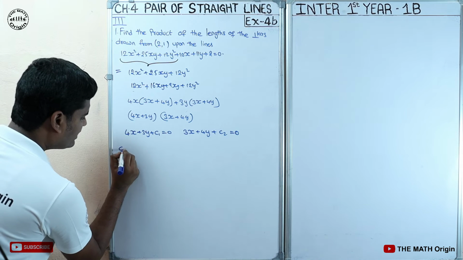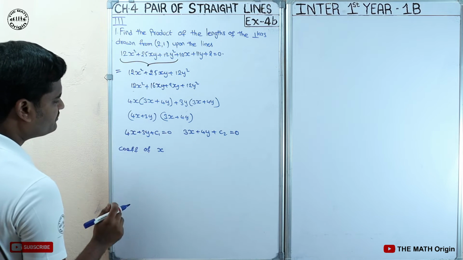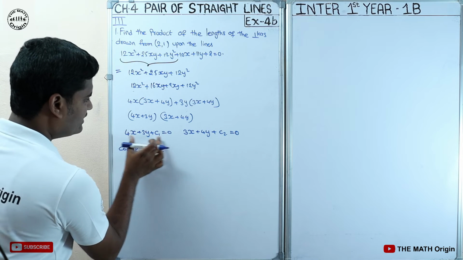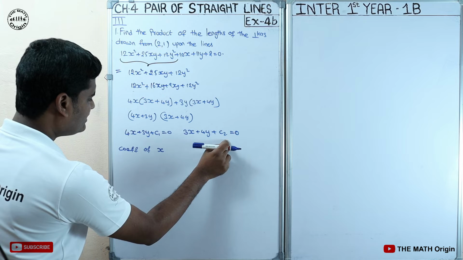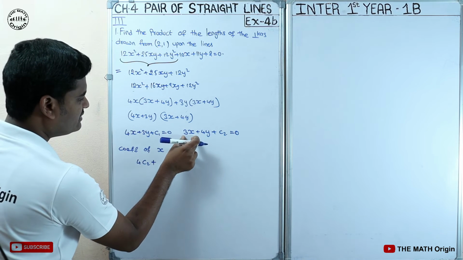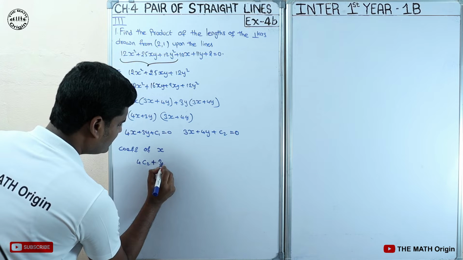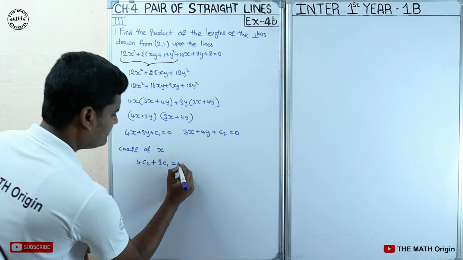Now I will compare the coefficients of x. The coefficient of x will be 4x into 3x plus 4y plus c2, so it will be 4c2, plus 3x into c1, it will be 3c1, equals the coefficient of x, which is 10.